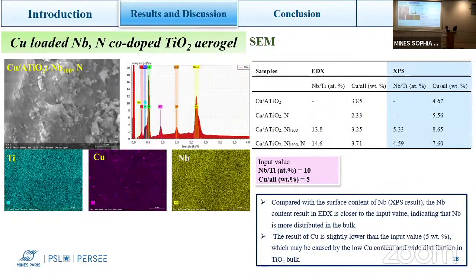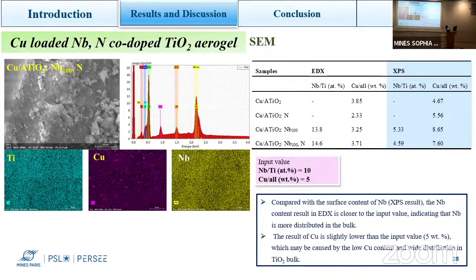Then we use EDX to characterize its content of niobium and compare with the XPS content of niobium and copper. For EDX, niobium compared with titanium is close to our input value, which is 10. And for copper, it's slightly lower than what we expected.